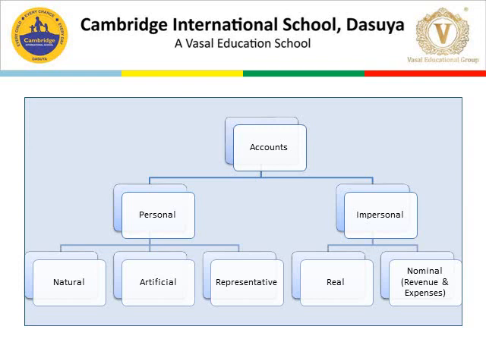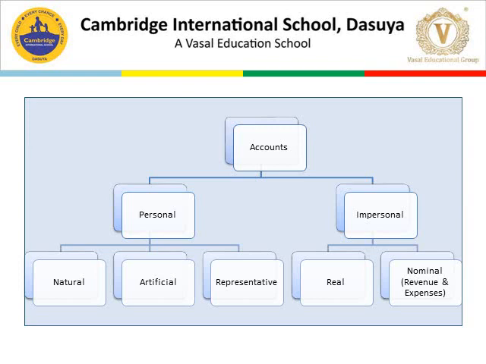Number one is natural person. Number two is artificial person. Number three is representative person. If you look at the impersonal side, there are two types of impersonal accounts. Number one is real account, and number two is nominal account, which deals with revenue and expenses. One by one, we will see each and every account in detail.